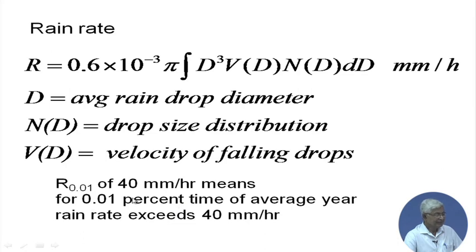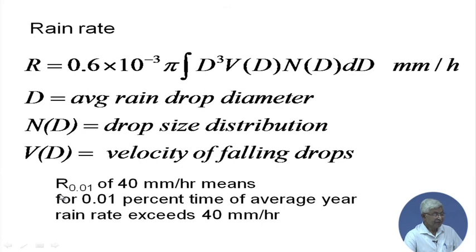During that much time you can calculate how many hours or how many minutes it is. So, for that much time cumulatively in an average year, rain rate has exceeded 40 millimeter per hour.